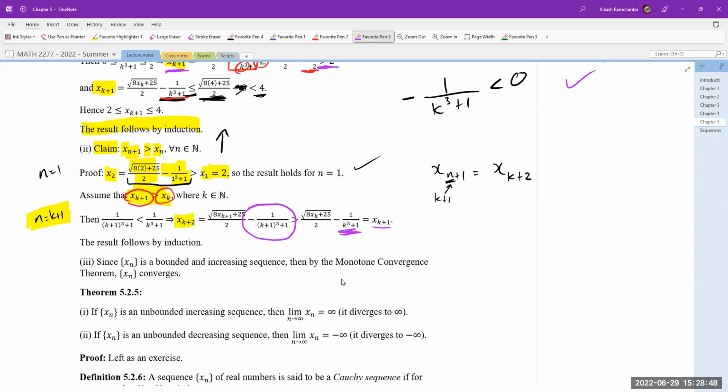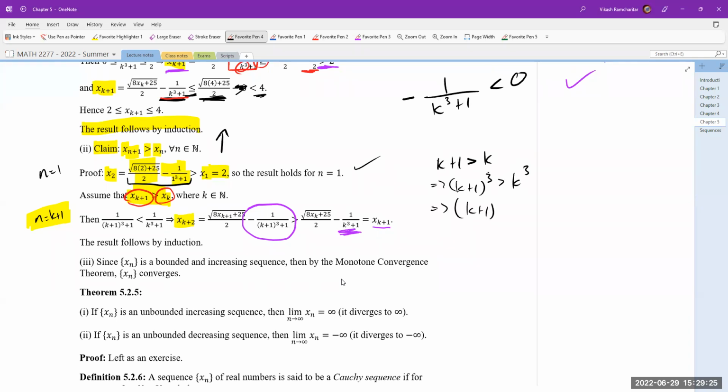So again, you need to sit down and do a little bit of trial and error calculation, kind of play around with it until you get it to work. And what we do here is, this is how you could go about building that. k plus 1 is bigger than k. So k plus 1 cubed is bigger than k cubed.